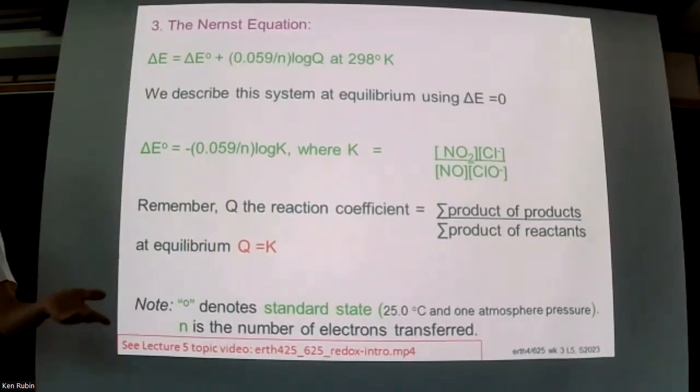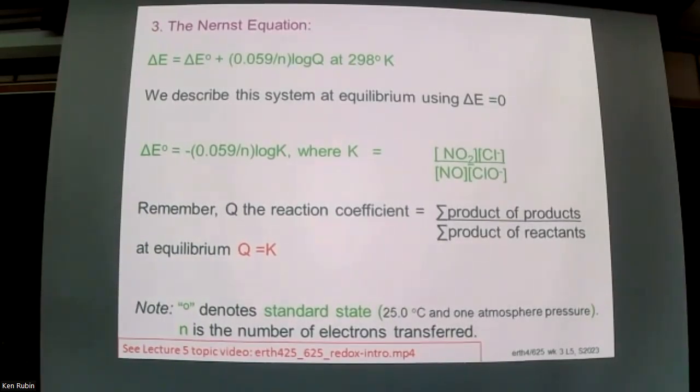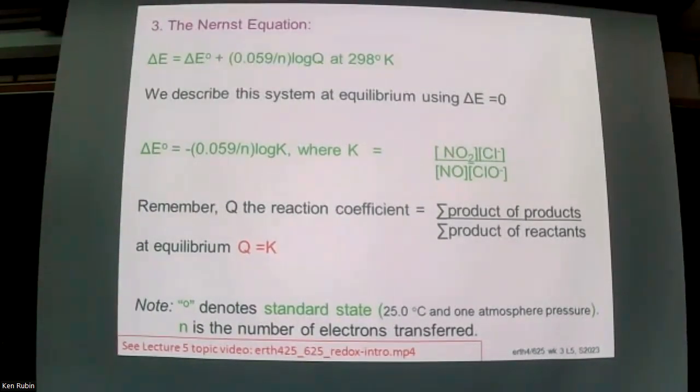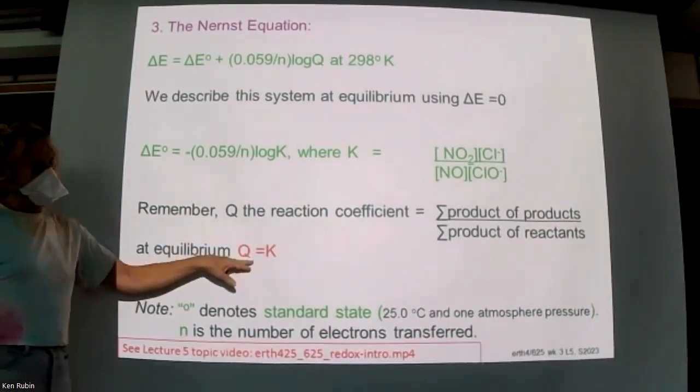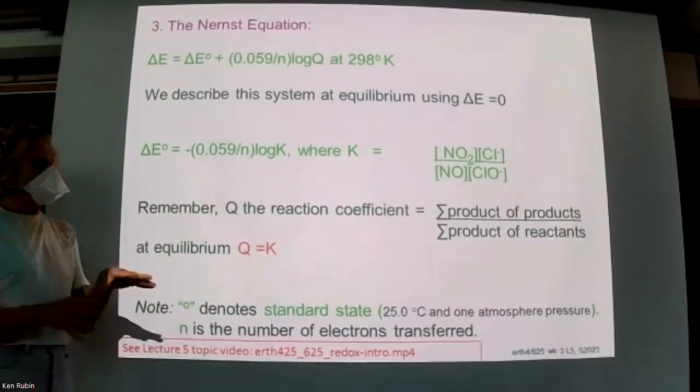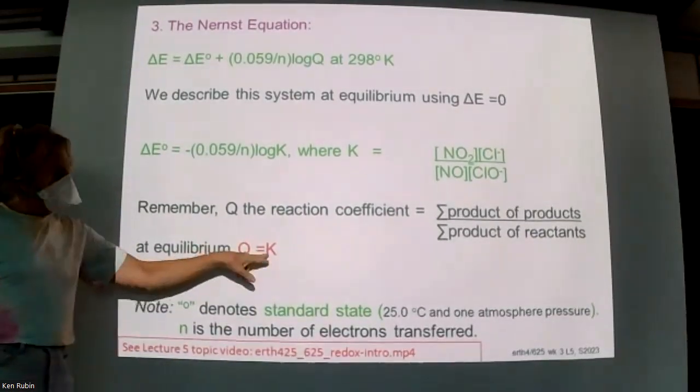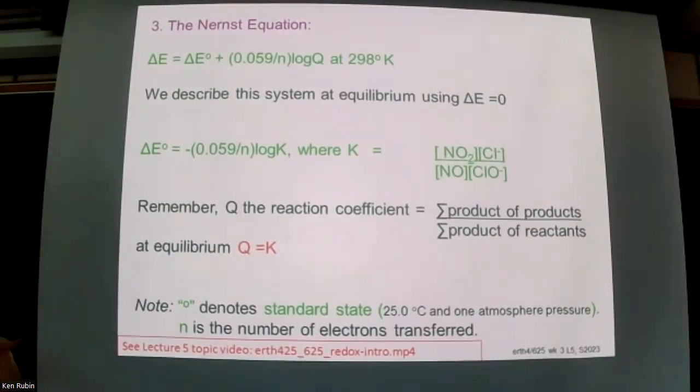But you can have any mixture of materials in the environment because there's multiple competing equilibria and non-equilibrium situations. So in a more general sense, Q is what defines every mixture of chemicals that are related by a chemical reaction, and K represents a special case for chemical equilibrium.